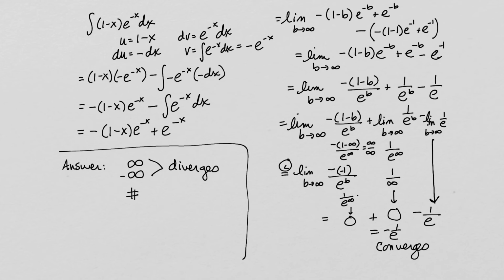Remember, e is a number. It's a decimal that never ends, but it is an actual number. So if you get a number, then it converges. Does that help? No problem. Any other questions?